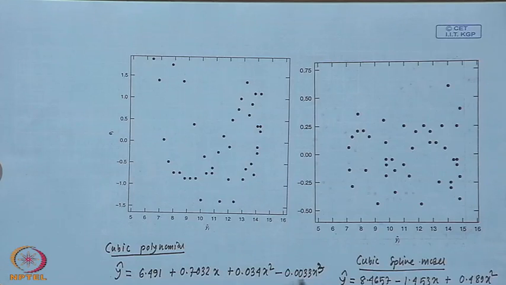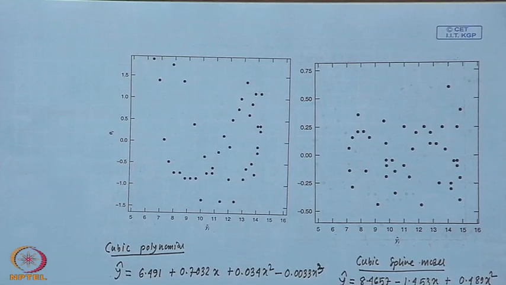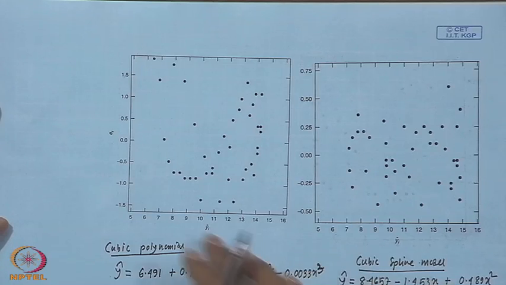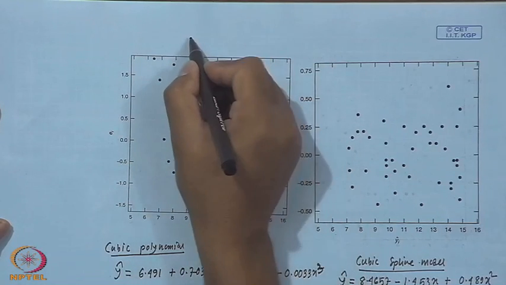If you fit that model, say using orthogonal polynomials, here is the fit, and now to check whether this cubic polynomial fit to the data is good or not, the standard technique is that you go for the residual plot. This is what the residual plot is.